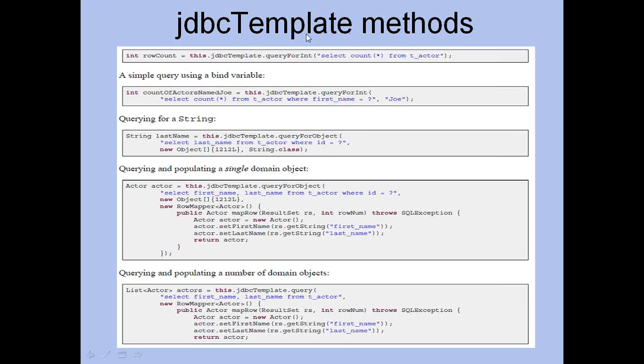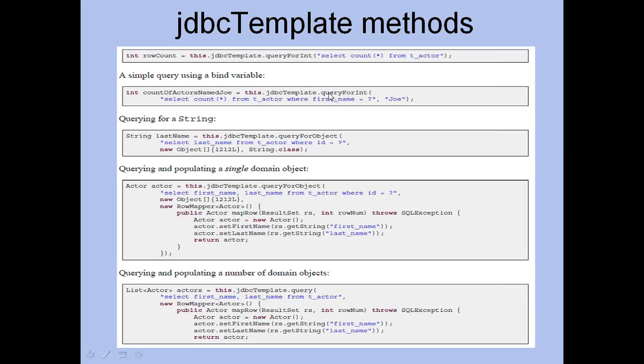Now look at the JDBC template methods. One of the methods is query for int, and you can pass any simple SQL here. You still need to create the SQL statement by yourself. Spring doesn't do that for you. So you write the SQL statement, select count star from table, and query for int will directly return the integer value of the count star.